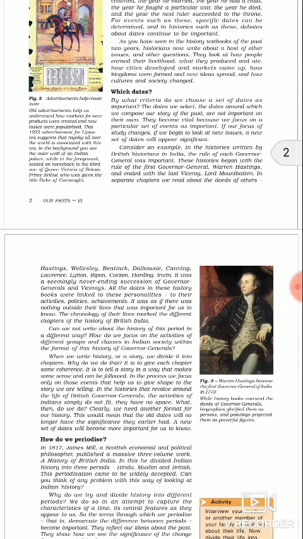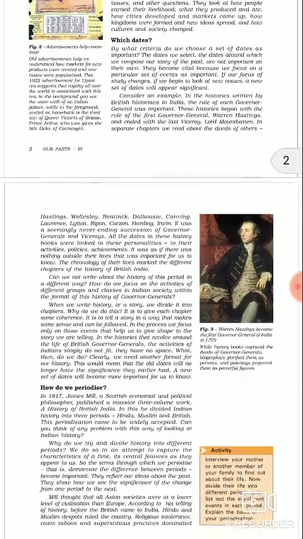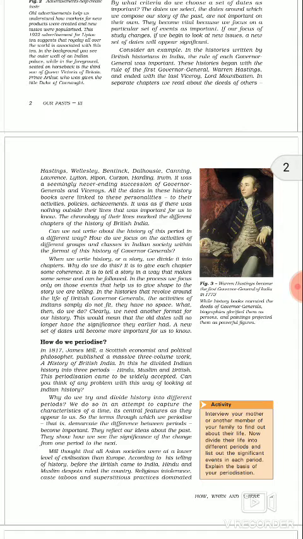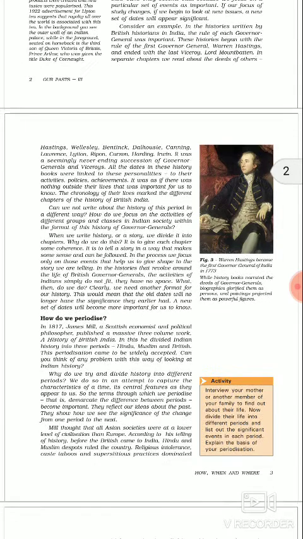In separate chapters, we read about the various governor generals: Wellesley, Bentinck, Dalhousie, Canning, Lawrence, Lytton, Ripon, Curzon, Harding, Irwin, and at last Mountbatten. It was a seemingly never-ending succession of governor generals and viceroys.